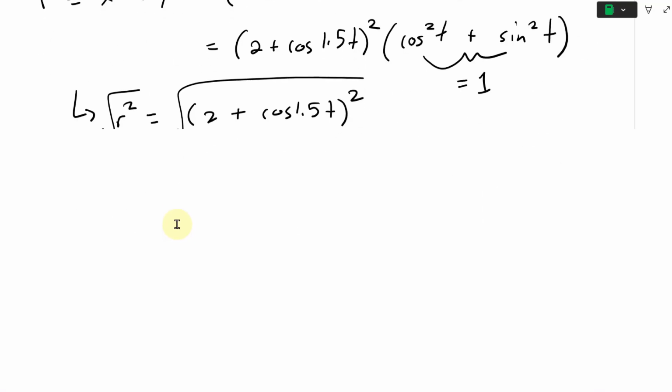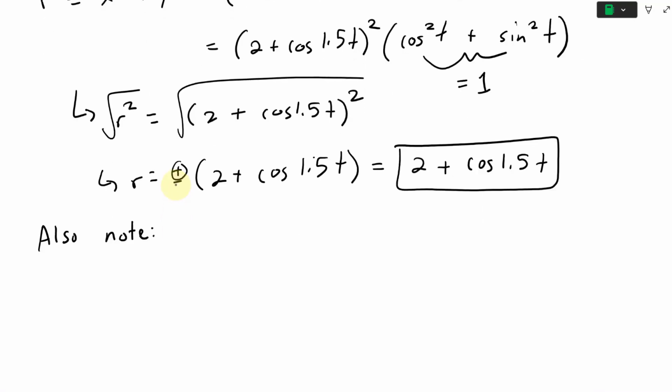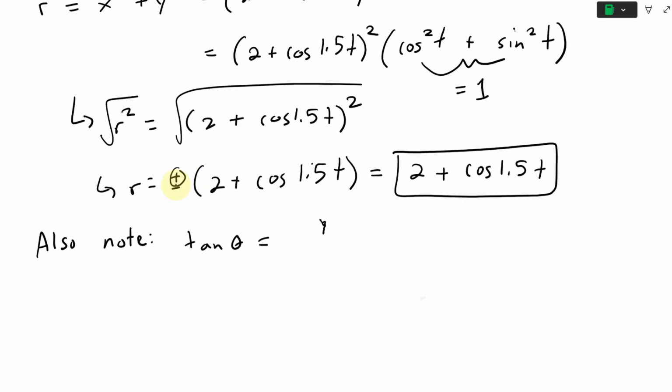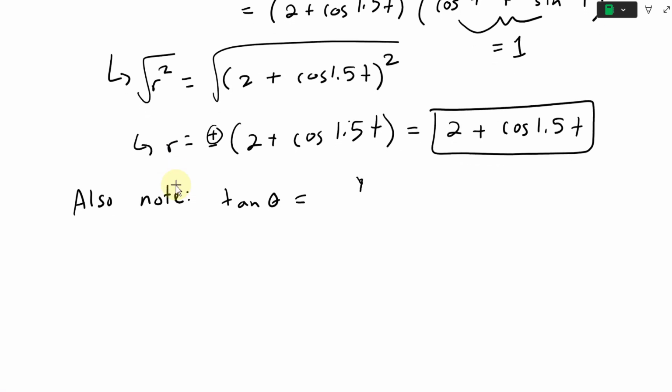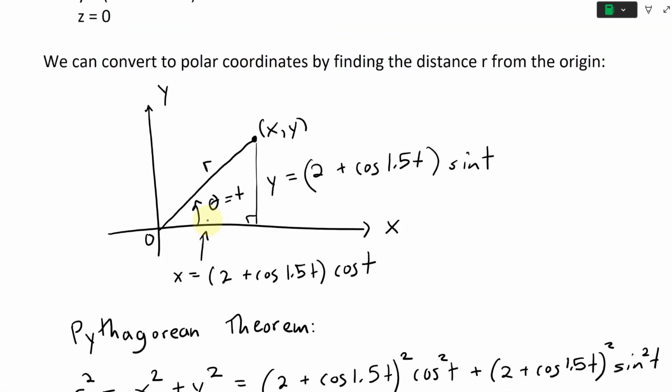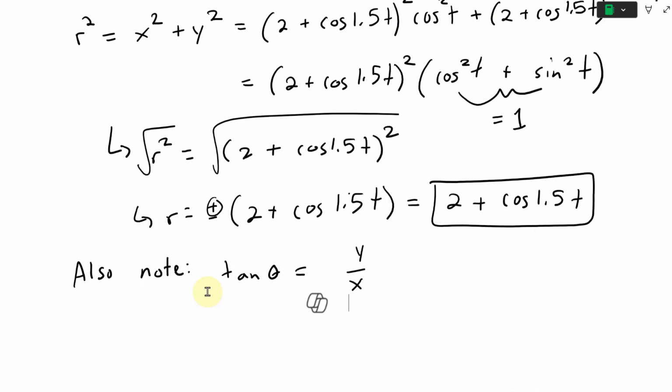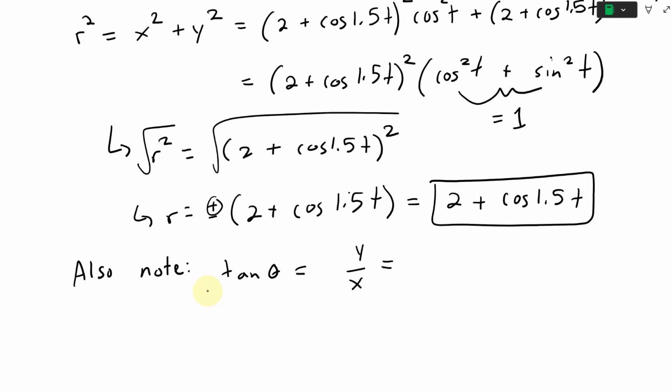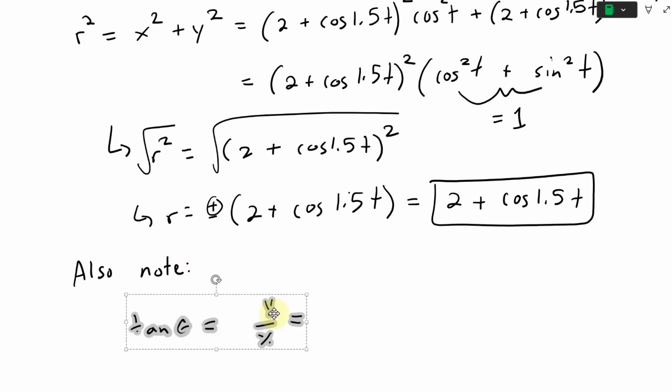Tan of theta is going to be the y over the x. So this is opposite over adjacent, so that's going to be y over x from the graph. So that's our theta, y divided by x. And if y and x are the parametric equations, I'll move this down so I have some room to operate.